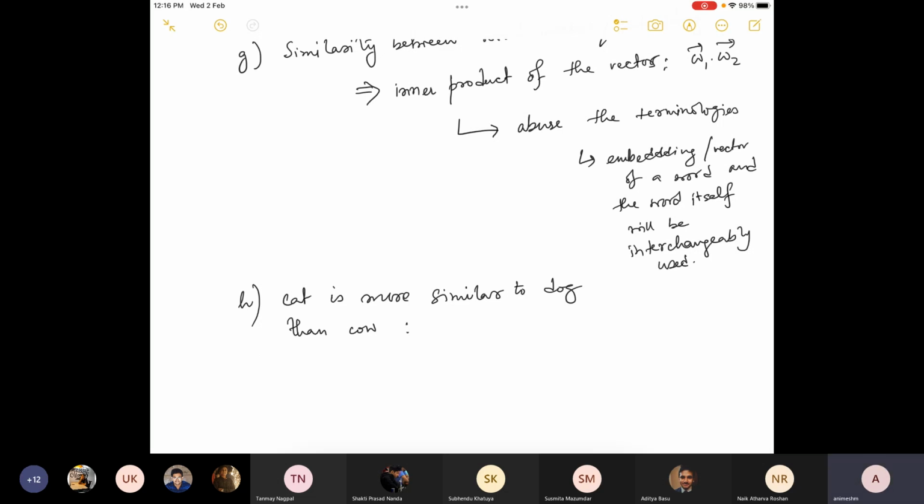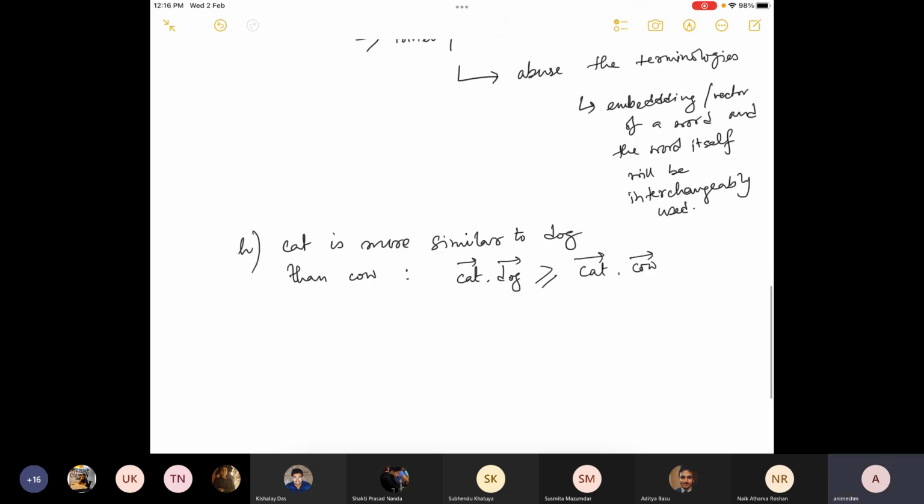Since we now have representations for each of these words, the dot product between the word embedding for cat and dog is more than cat and cow. Yes, the inner product of cat and dog should be larger than or equal to the inner product of cat and cow.